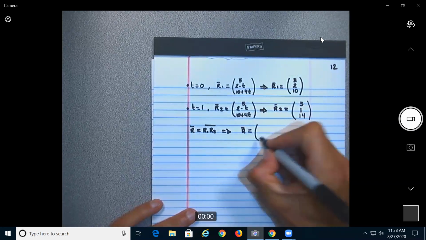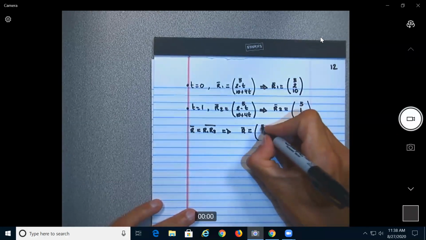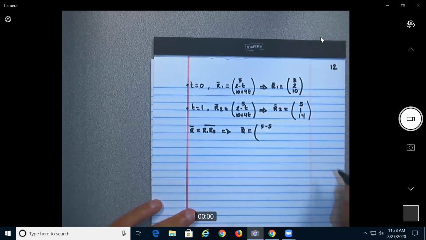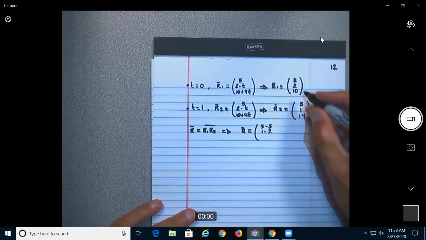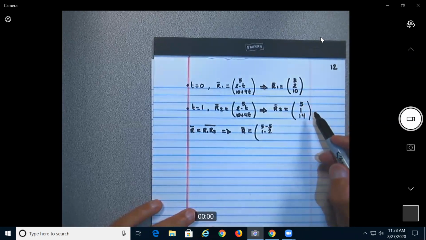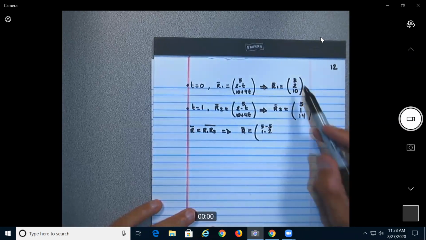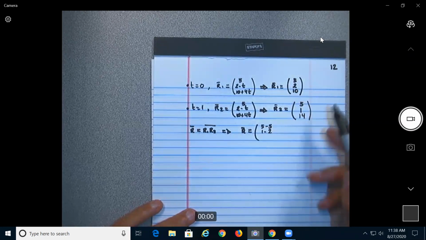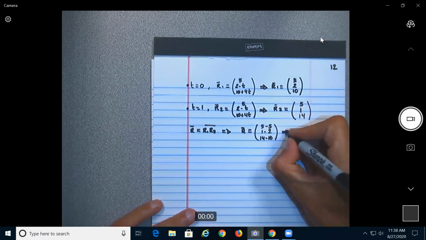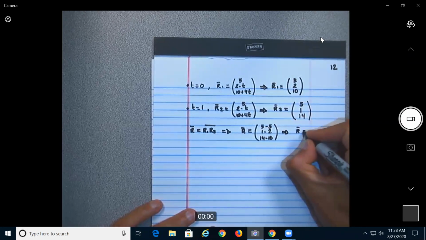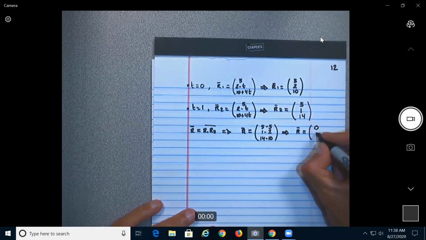Let's do it in detail: 5 minus 5, 1 minus 2, and 14 minus 10. So basically our vector R bar would be equal to 0, -1, 4.